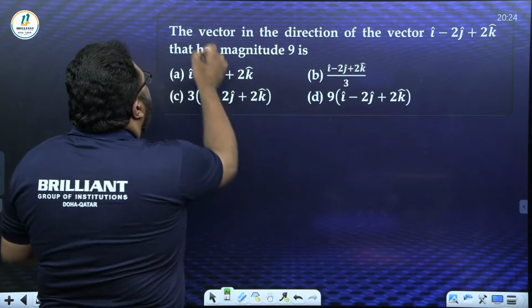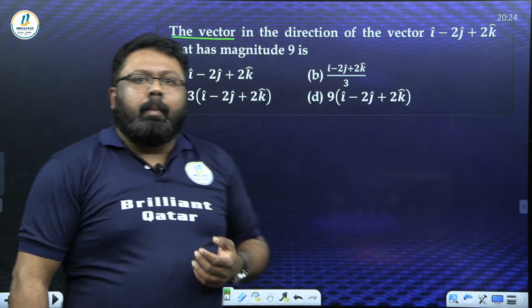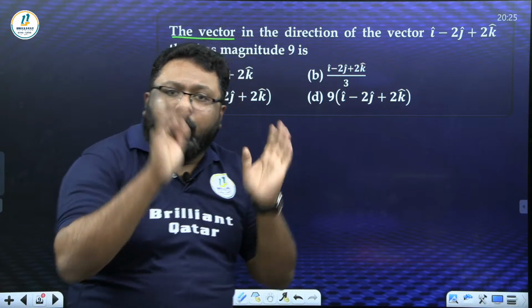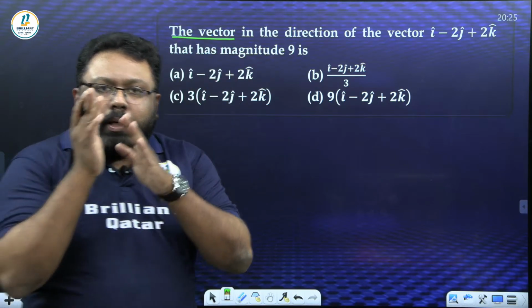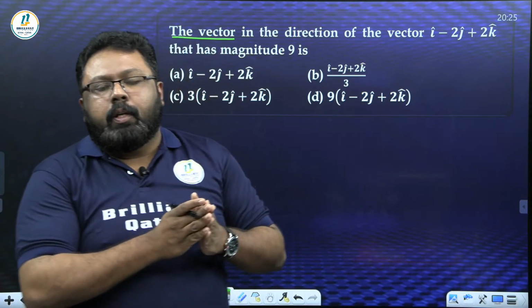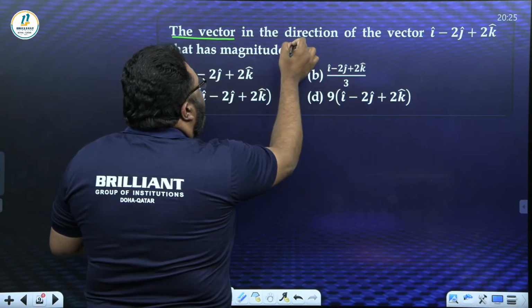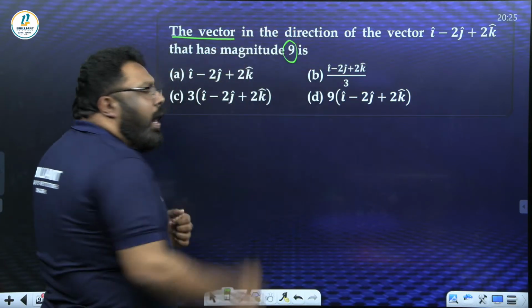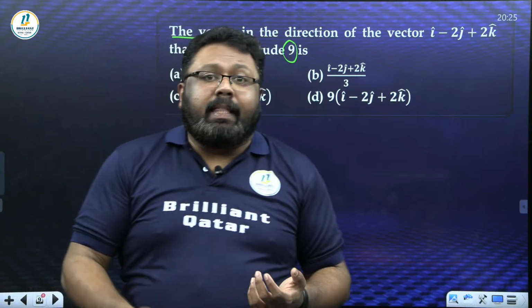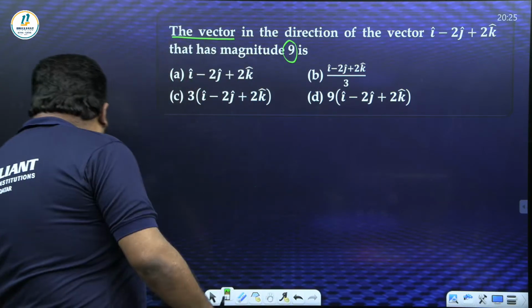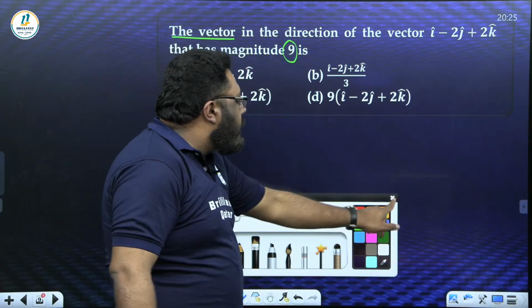They simply said the vector. But you only know how to find a unit vector from the given vector, so first let's find the unit vector. But now they want a vector not with magnitude 1, because a unit vector has magnitude 1. They're asking you to find the vector with magnitude 9. Again, a very, very famous question.